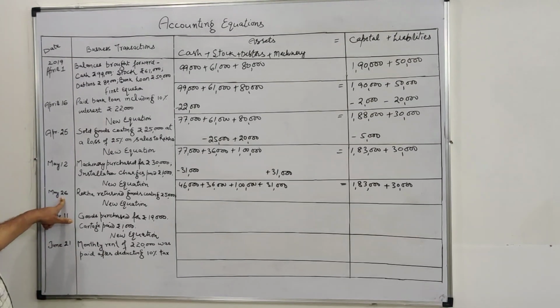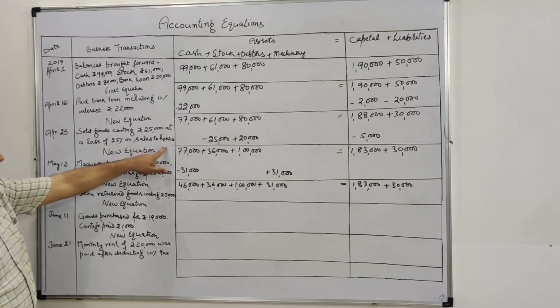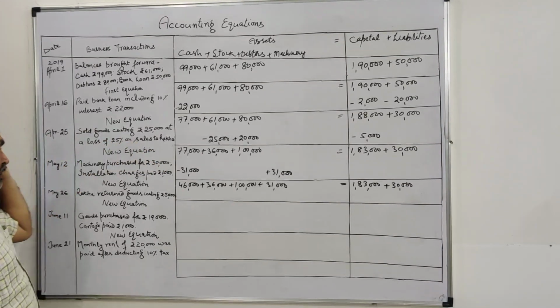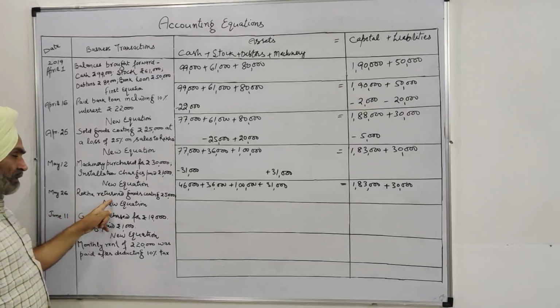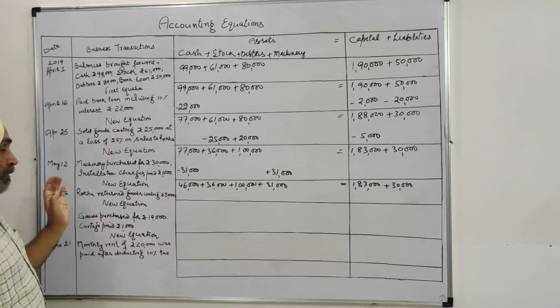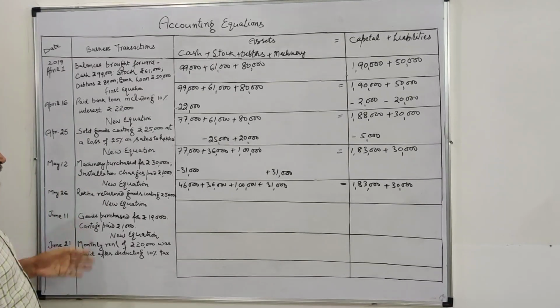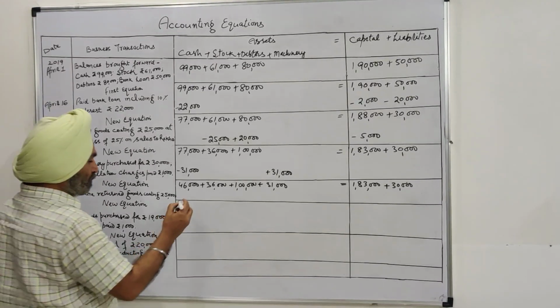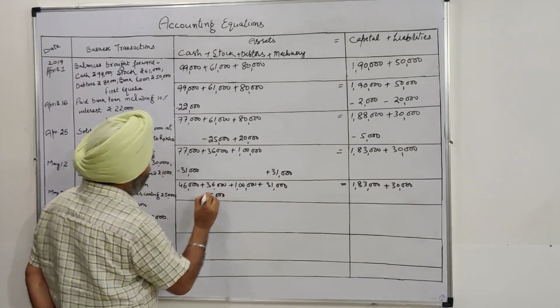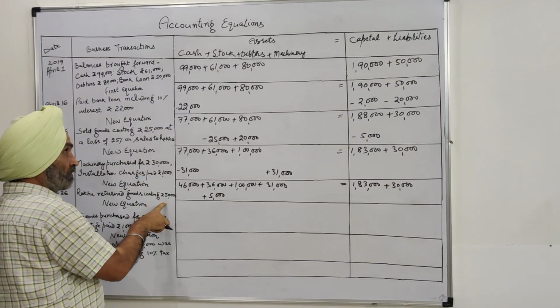Now May 26th, Rekha, to whom we had sold the goods at 25% loss. Rekha returned goods costing rupees 5,000. It means our stock will increase by 5,000 because this is the cost.